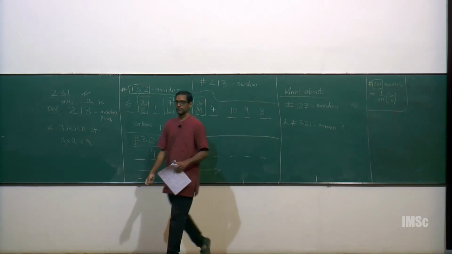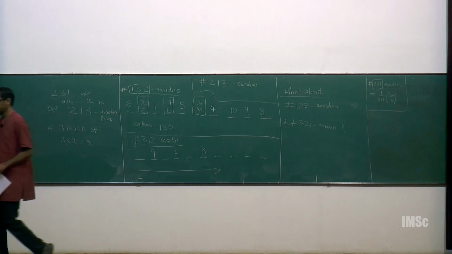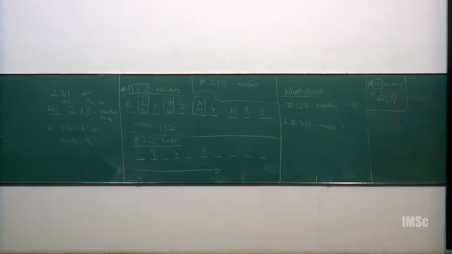What can I say about the number of permutations which avoid 1, 2, 3, and the number of permutations which avoid 3, 2, 1?